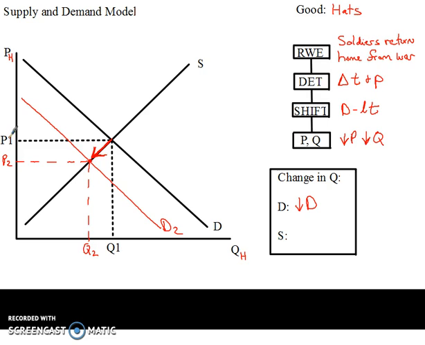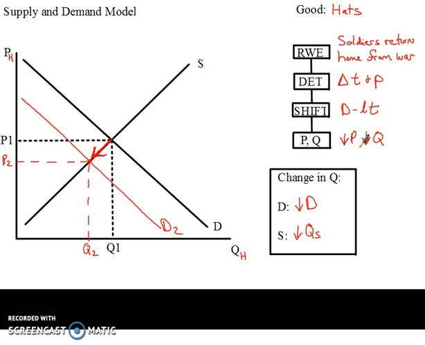So as the price of hats goes down, companies start producing fewer hats, and that is a move along the supply curve. That decrease in quantity on the supply side is called a decrease in quantity supplied.